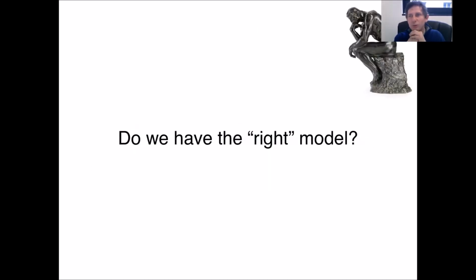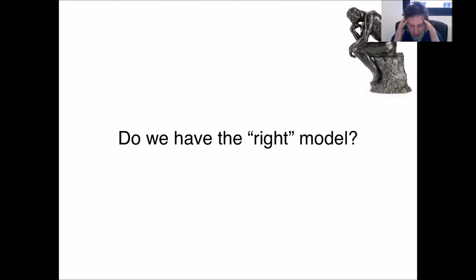The question I'd like to discuss now is: is this the right model? We have assumed this model since the 70s as some kind of reality, but is this really a reality, or is this just a model we like to do calculations on? So we'll be challenging the model.